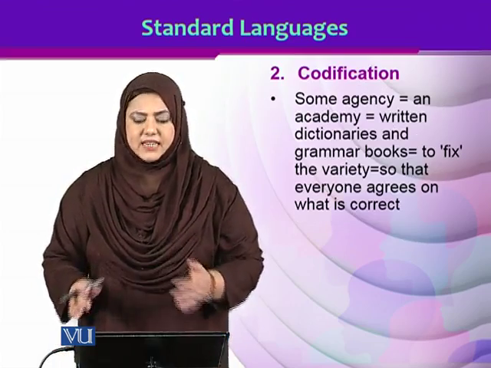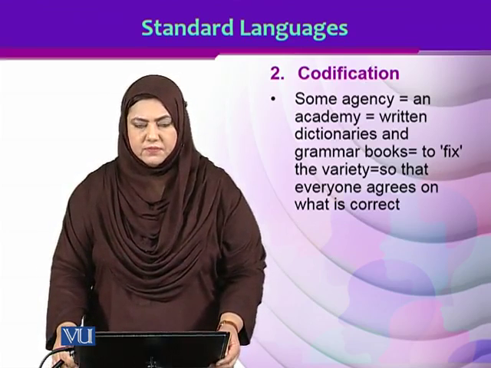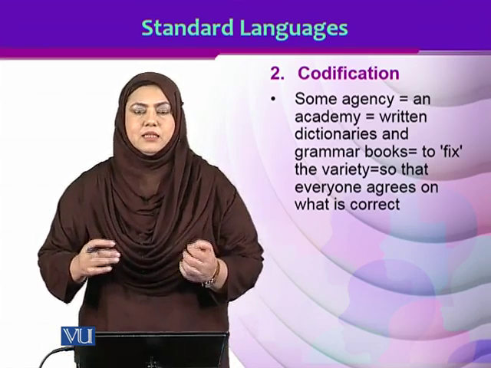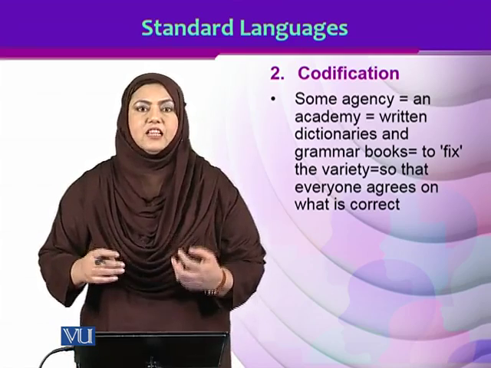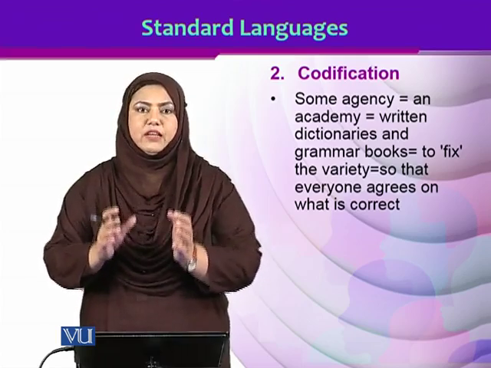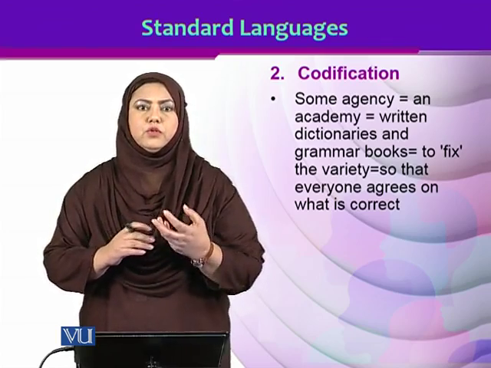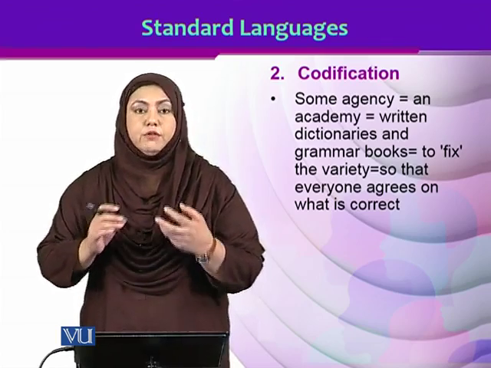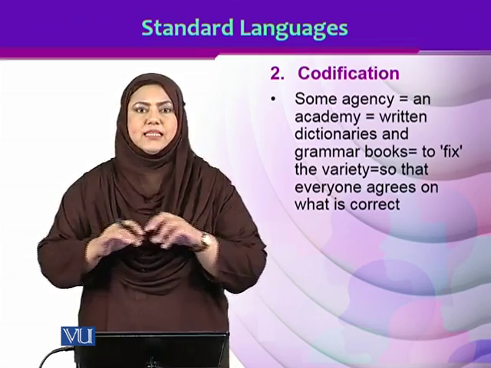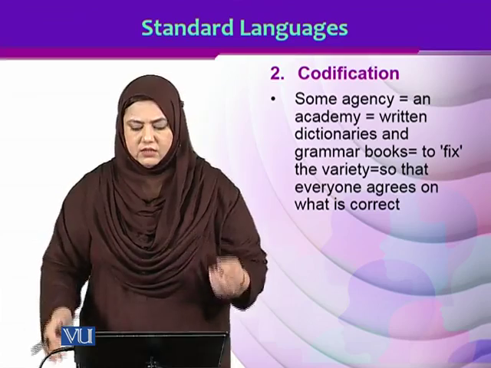This leads us to the second step of the process of standardization, which is called codification. What do we mean by codification? There has to be some agency, academy, or institution which would codify it, which means it would write dictionaries, write books, and write rules of how to use it. It would fix the problems within the variety, establish the rules, and declare what is right and what is wrong.